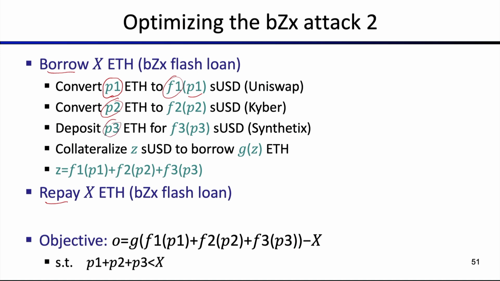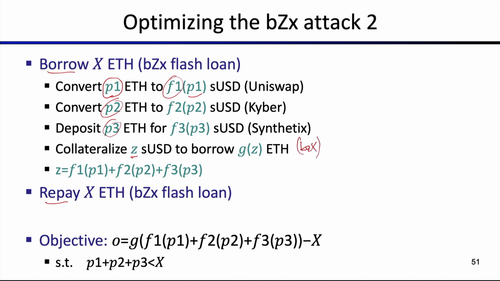The third parameter that we are looking at is how much do we put into Synthetix to mint SUSD. And then how much Z as SUSD should we borrow, should be used to borrow G of Z ether on BZX itself, right? You remember this was the last step. So BZX, here this is BZX.